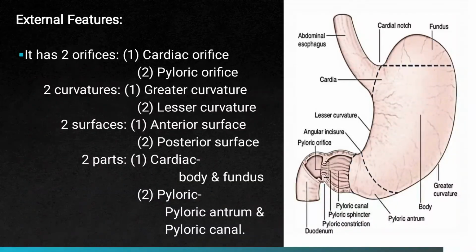So this is the cardiac orifice and this is the esophagus. As we learned, the stomach forms a wide bag-like structure, so the esophagus terminates into the stomach at this point, which is called the cardiac orifice. Similarly, the pyloric orifice terminates the stomach into the duodenum.